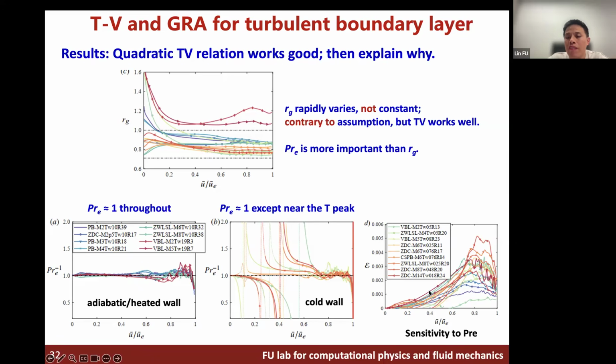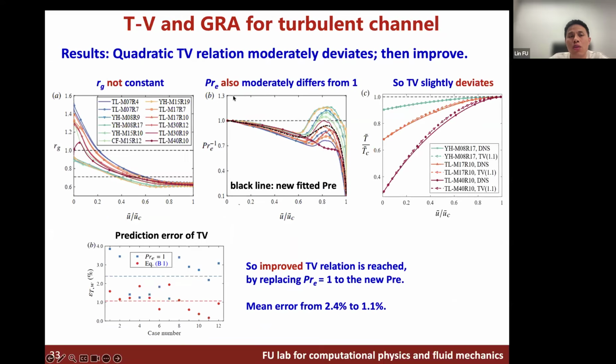However, we also did the sensitivity analysis, which is very strong in terms of mathematical background. Eventually, we figure out that although there is a strong deviation in the near-wall regime from the Pr_e equals 1 assumption, the sensitivity of the solution is very low. That explains why, although the assumption deviates from the ideal condition a little bit, you still get perfect prediction quality.